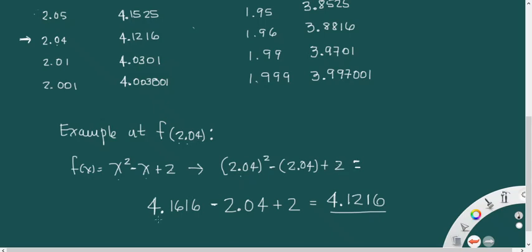That is equal to 4.1616, which is the result of squaring this number, minus 2.04, which is the value of the variable, plus 2. And that is equal to 4.1216, which is the number that we have here. So this is a little explanation of what I have done here.